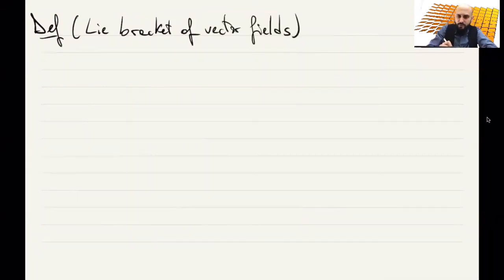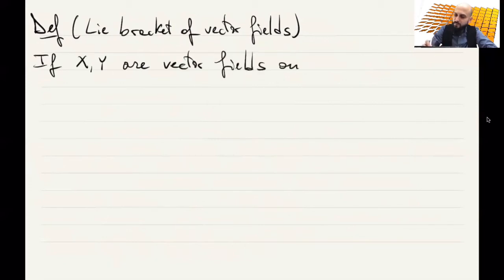Suppose we have X and Y vector fields on the same manifold M, and we are going to see them as smoothly varying derivations.